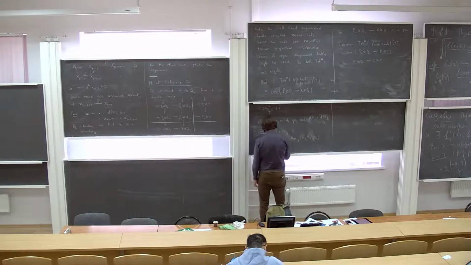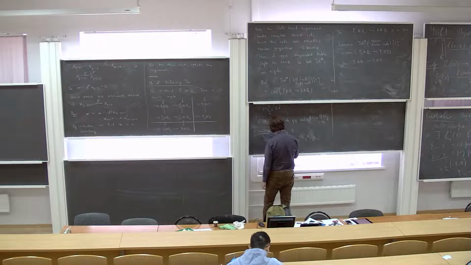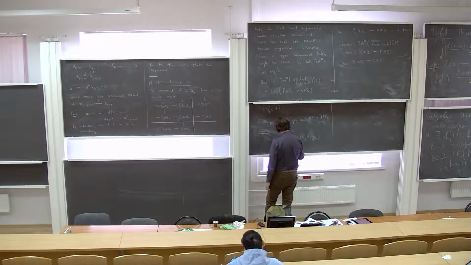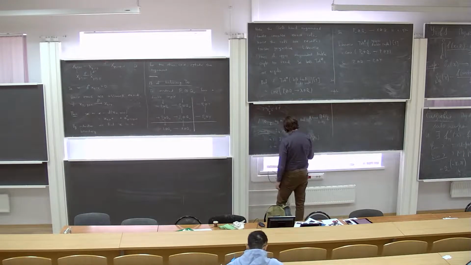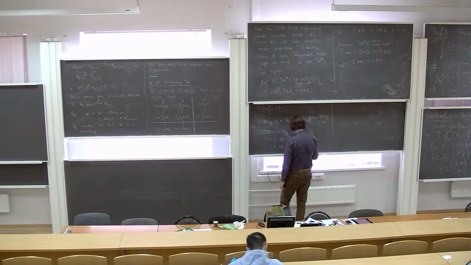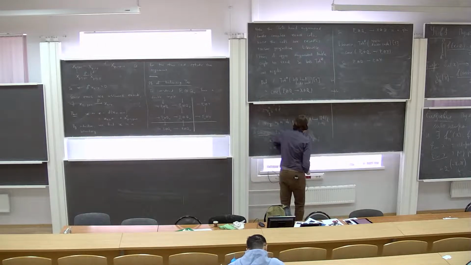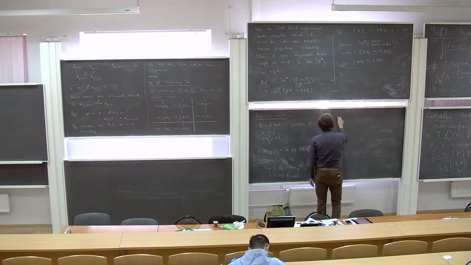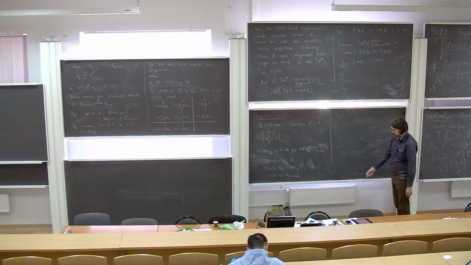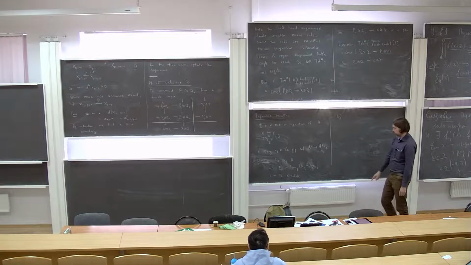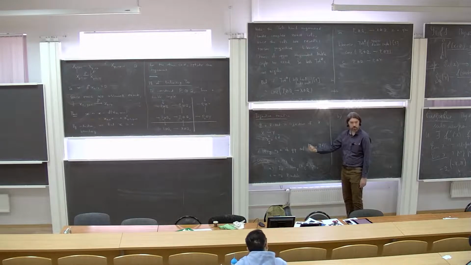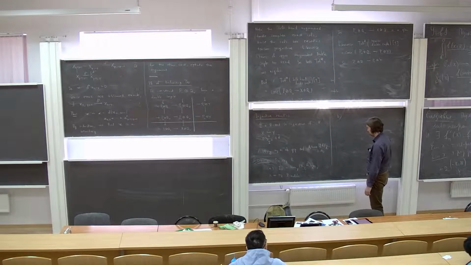The claim is this is an injective R-module. This will actually be easy. We'll realize this as the image of this injective thing under some right adjoint functor, and right adjoints take injectives to injectives.